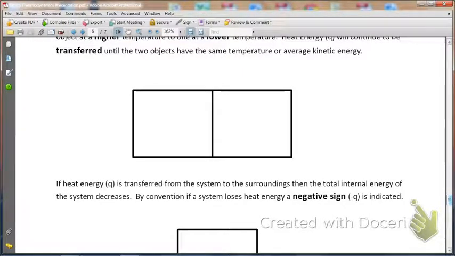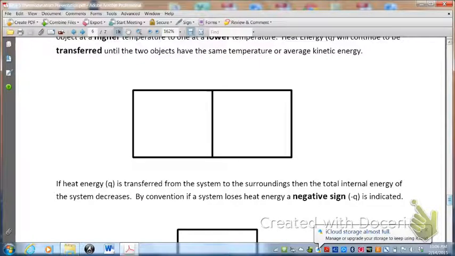So we're going to use these two boxes for our example. So let's say that in this box over here, we're going to draw in some circles, and these circles are going to represent molecules or atoms that make up this system.